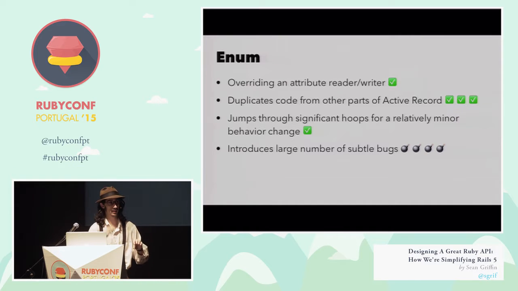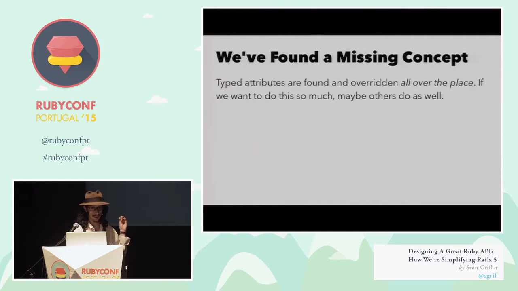You would have to call the draft scope, which would do the same thing, but you would actually have to pass the numeric value to where, because there was no way for this to hook into where, and trying to do it previously, even if we manually were overriding where in Rails 4, would have been extremely difficult to do without breaking anything. So at this point, we've definitely found a missing concept. Typed attributes appear all over the model layer of Active Record, and if we want to do this so much, maybe our users want to do it as well, or at the very least, plugin authors.